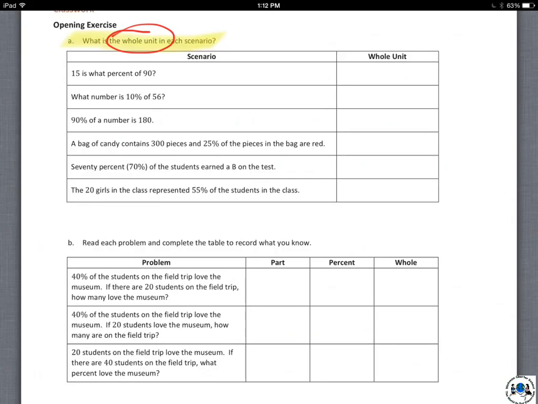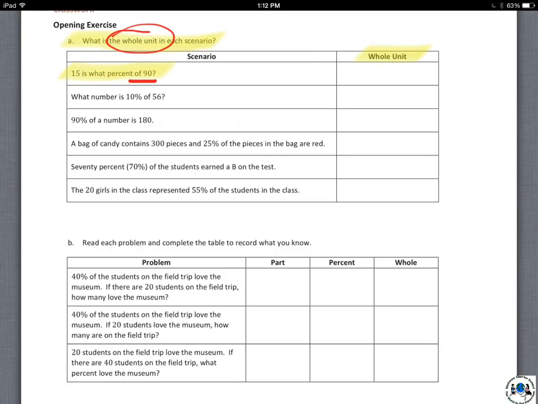So, for example, let's just do that first one: 15 is what percent of 90? We're not doing any calculation. We're only identifying what the whole unit is, what is represented as the whole in that problem.